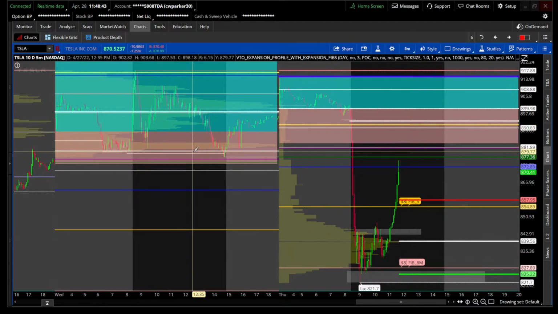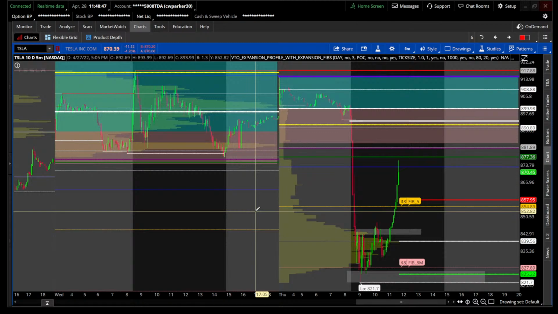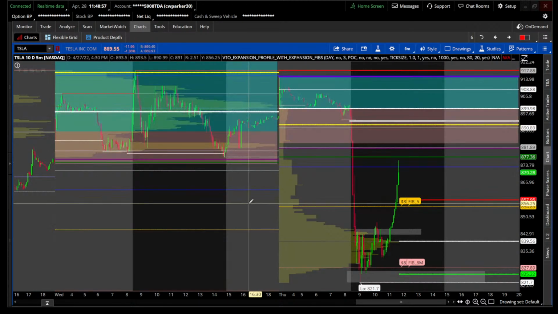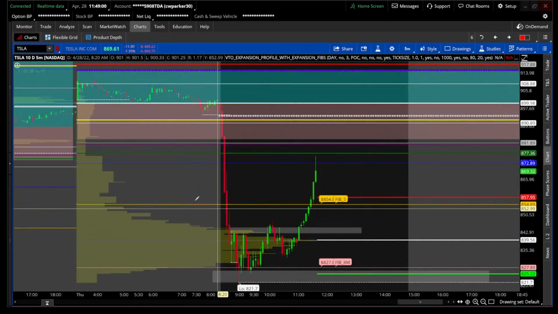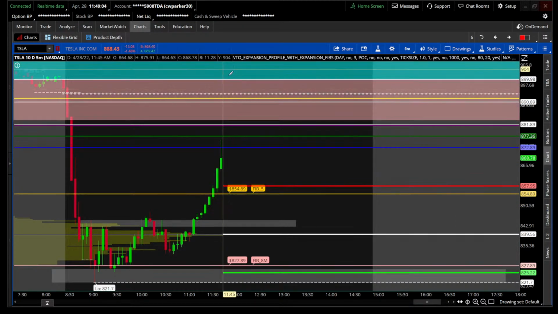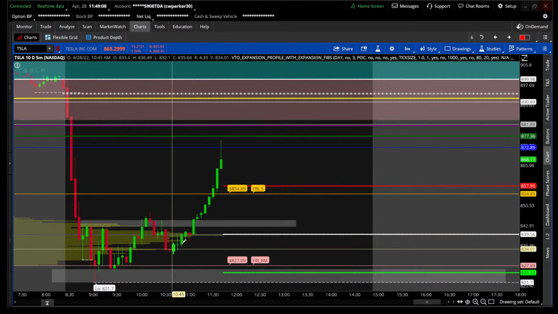And then it came back to its day's open and then went up from there. Or you can say it came back to 1% away from the actual point of control from the previous day. I don't know. It's finding resistance right here, 3% away from the point of control. And it was trying to rally up.